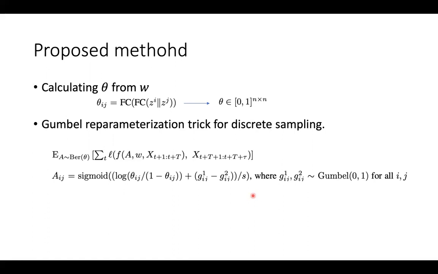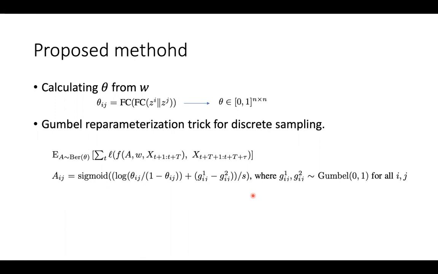With this formula, we can approximate, I'm not sure whether it's exact or approximate, but this aij should follow the Bernoulli distribution with parameter theta ij. Somehow we avoid sampling directly from the Bernoulli distribution with theta ij because it makes the whole process not differentiable. Right now it's a function of theta ij and some random variable sampled from a given distribution. So everything can still be backpropagated, right?